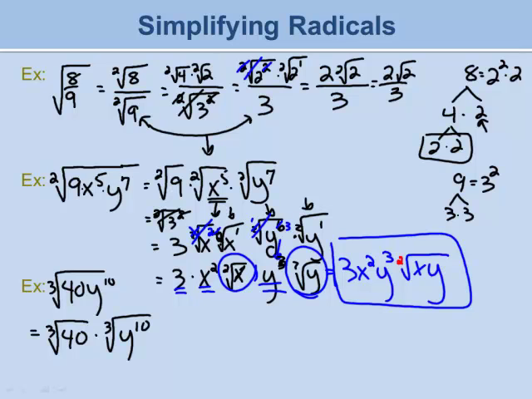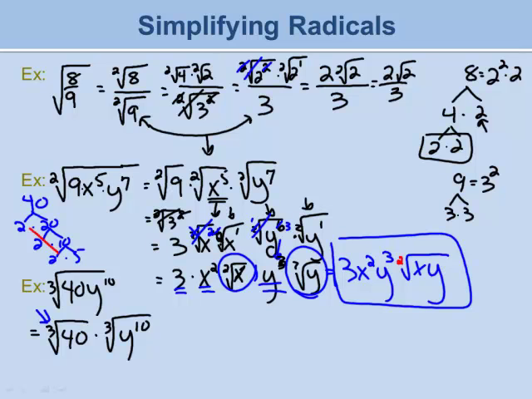So 40, if we bring that up here and do a factoring tree, is the same as 2 times 20. 20 is the same as 2 times 10, and 10 is the same as 2 times 5. Since we're looking for a cube root, we're looking for a factor that appears 3 times, so we can write it as a cube.